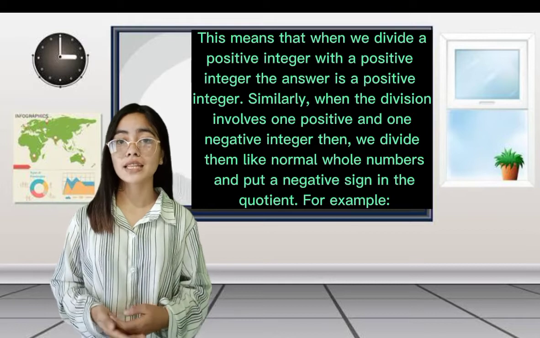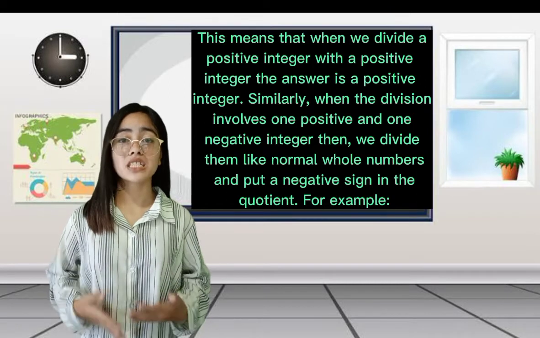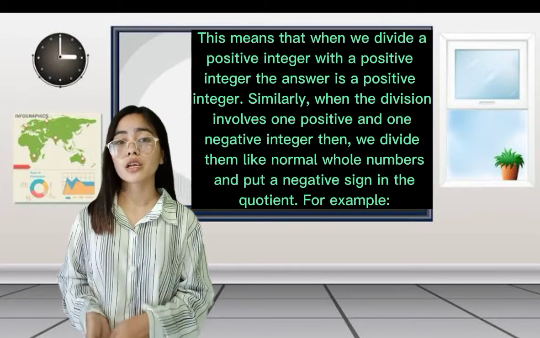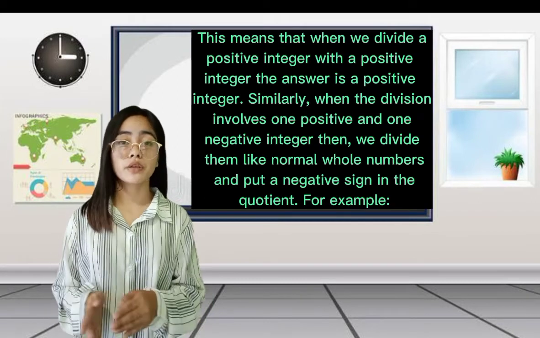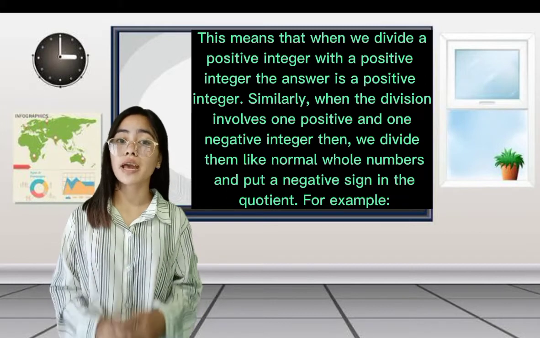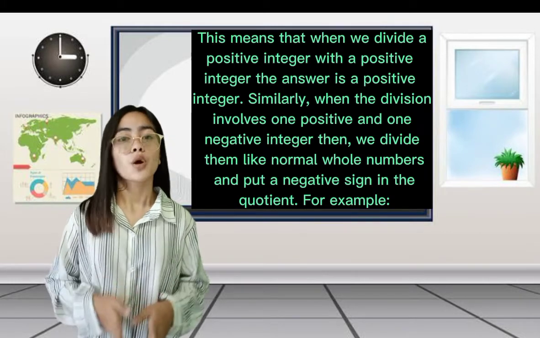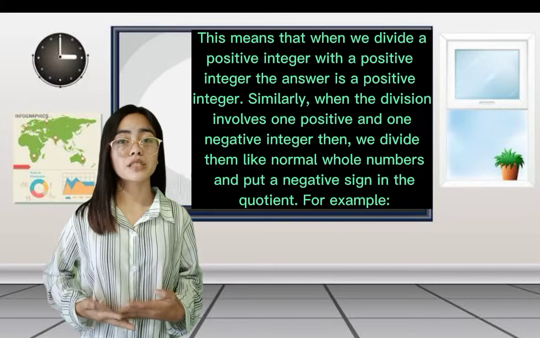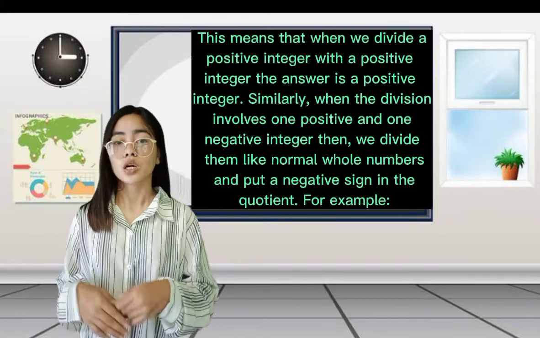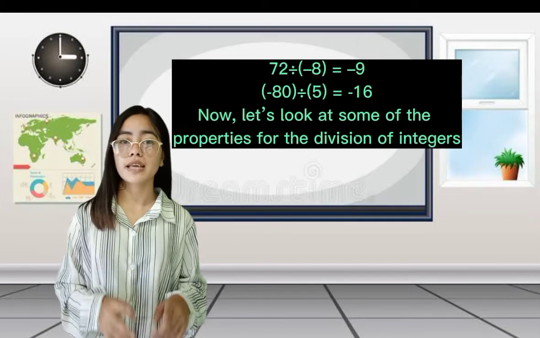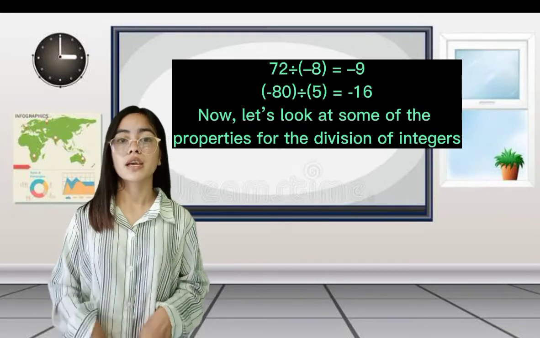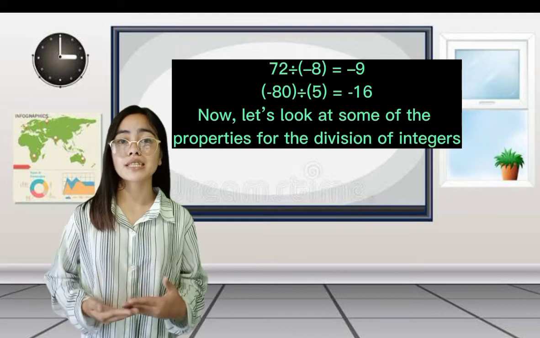This means that when we divide a positive integer by a positive integer, the answer is always a positive integer. Similarly, when the division involves one positive and one negative integer, then we divide them like normal whole numbers and put a negative sign in the quotient. So for example, 72 divided by negative 8 equals negative 9. Negative 80 divided by 5 equals negative 16.